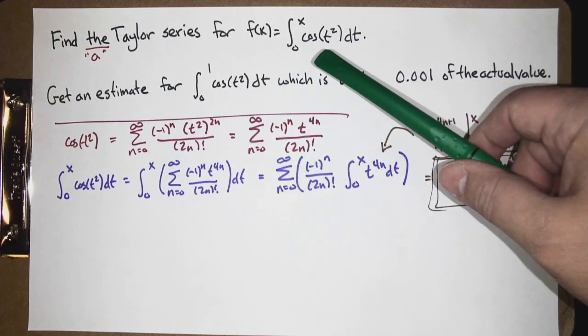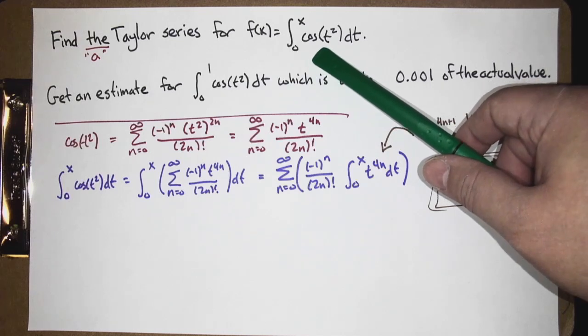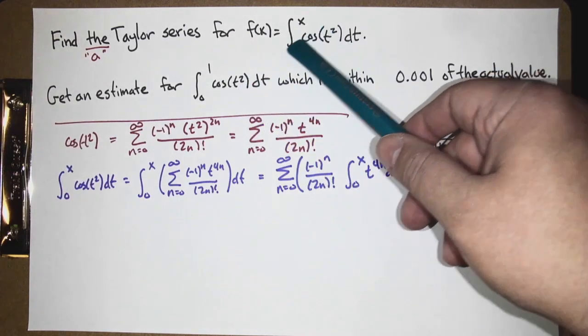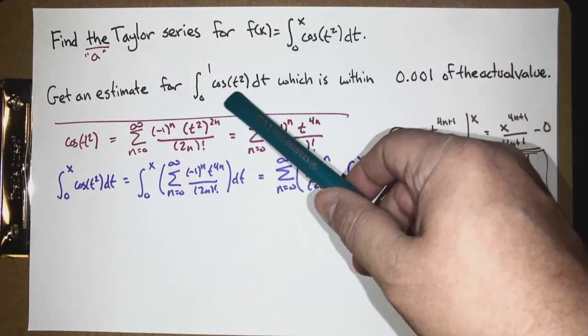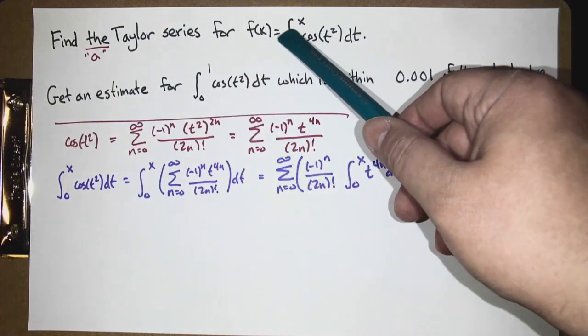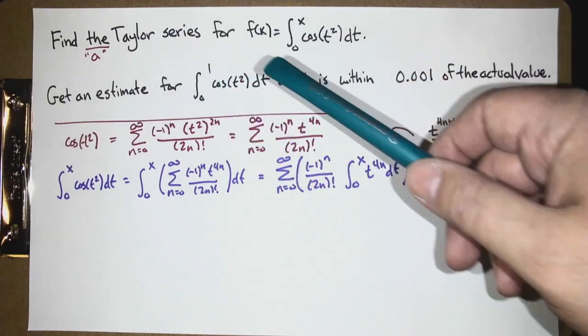The integral from 0 to x of cosine t squared dt versus the integral from 0 to 1 of cosine t squared dt. It's almost like you want to cross your eyes and spot the difference between these two. What's the difference? Yeah, the 1 versus the x.